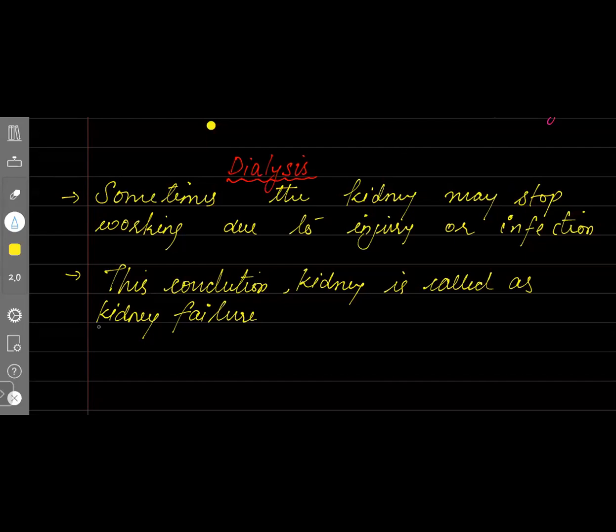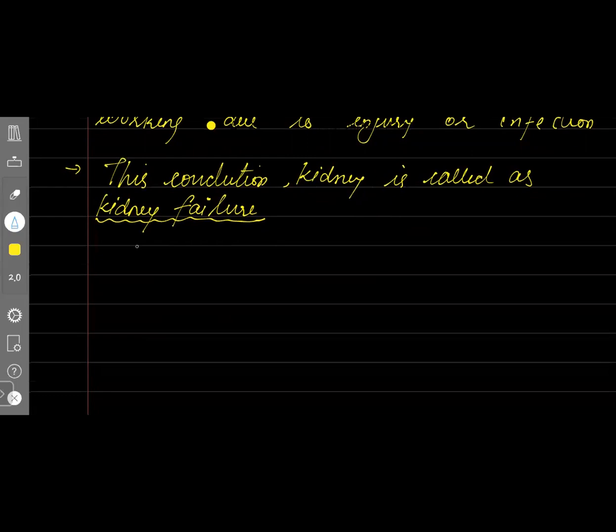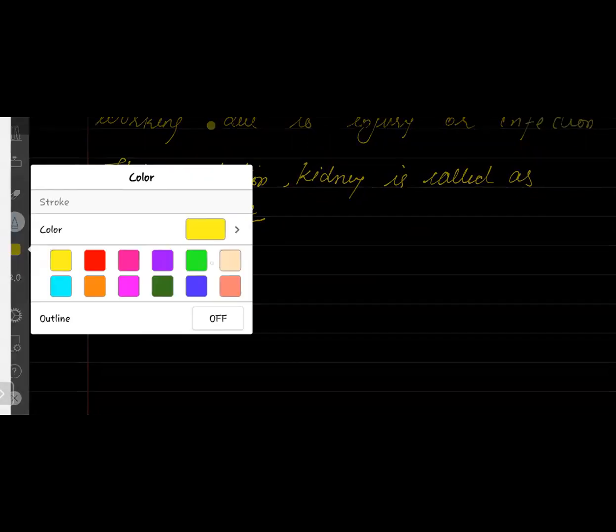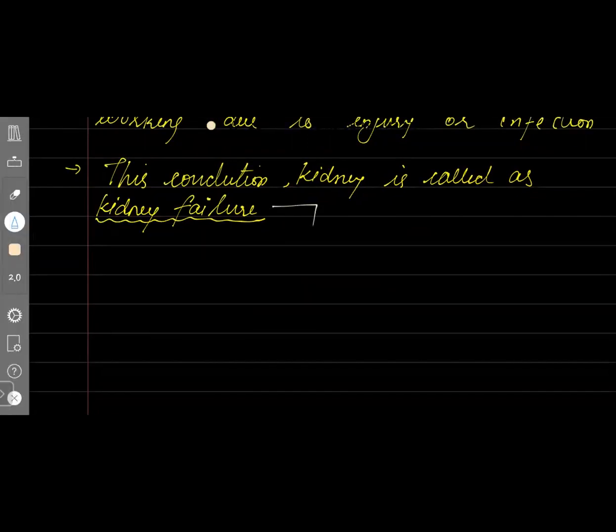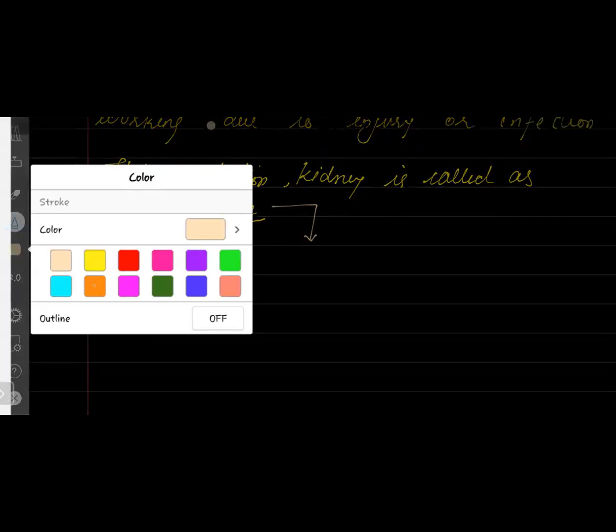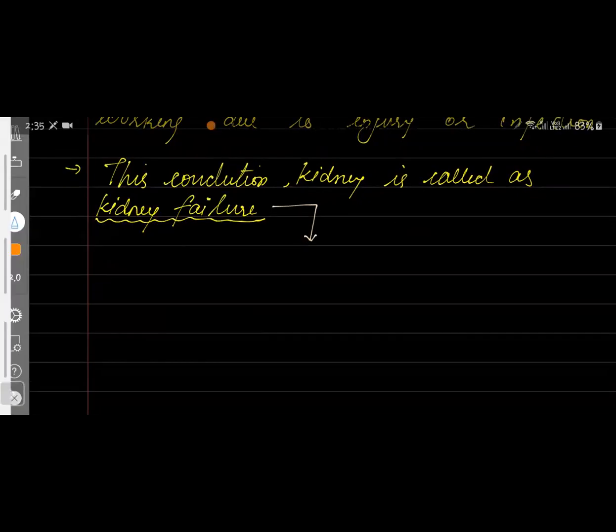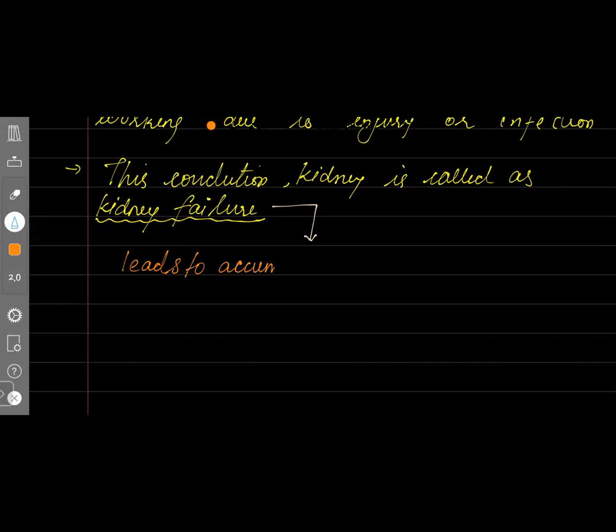So this kidney failure will lead to accumulation of urea in the blood.